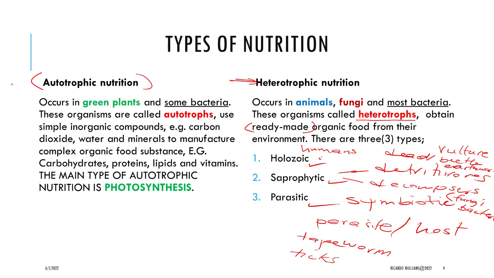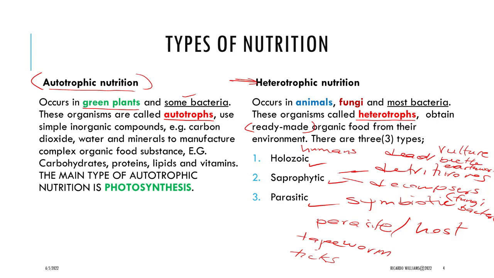Now, the main topic we're dealing with is autotrophic nutrition. Autotrophic nutrition is actually talking about self-feeding. These organisms, we call them autotrophs. This is mainly green plants and some bacteria.